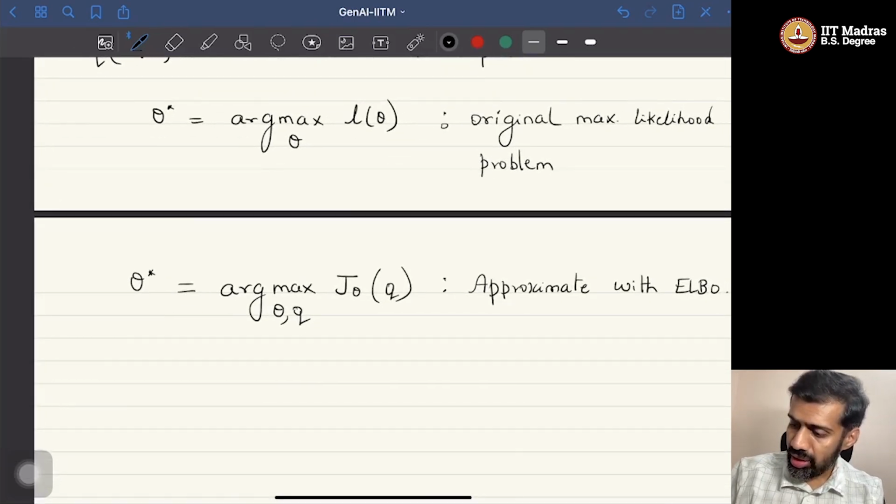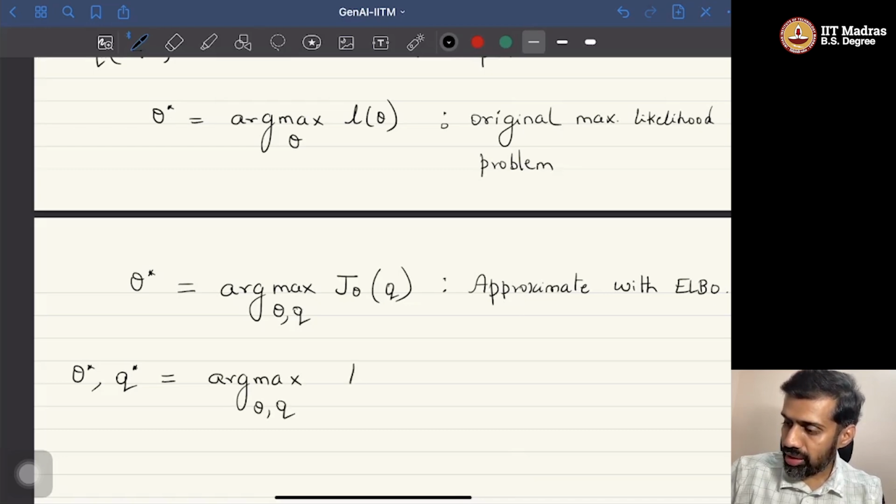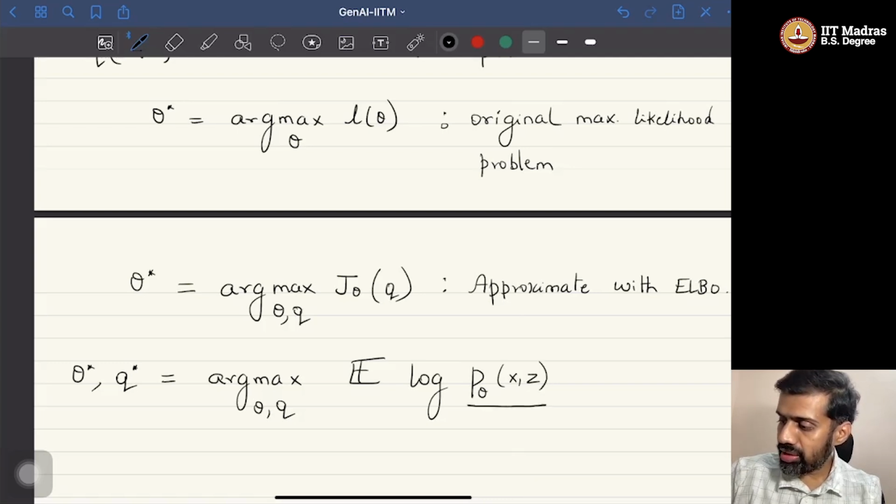Therefore the problem that we will be solving is that we need the model parameters theta star and we need an optimal distribution over the latent variables that would maximize the expectation of log of, this is the evidence lower bound that we just created, right?